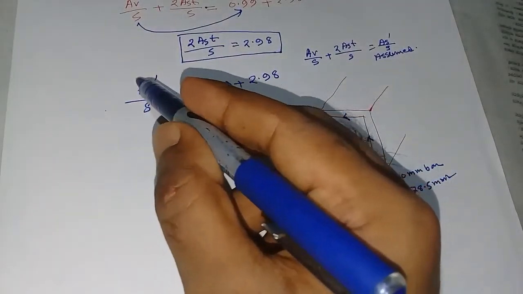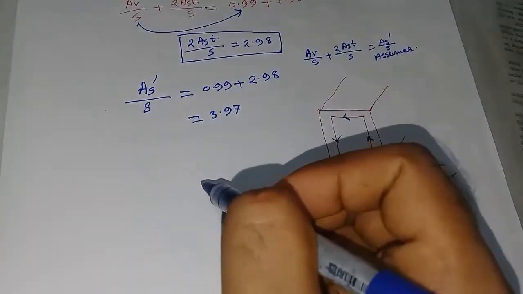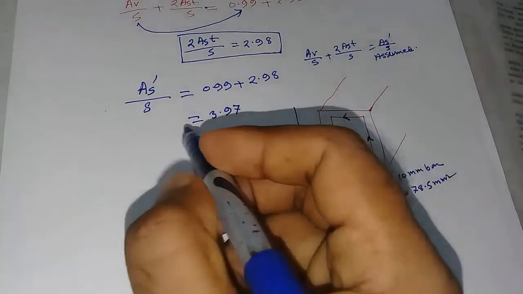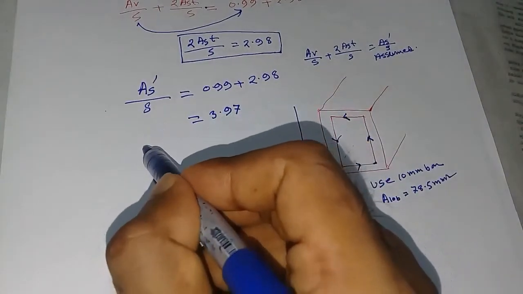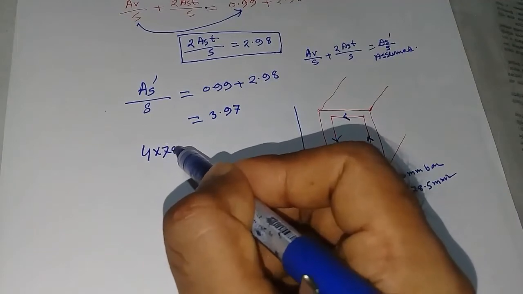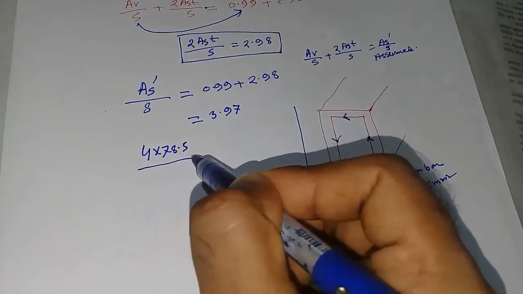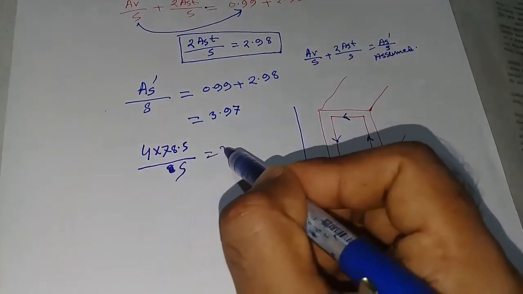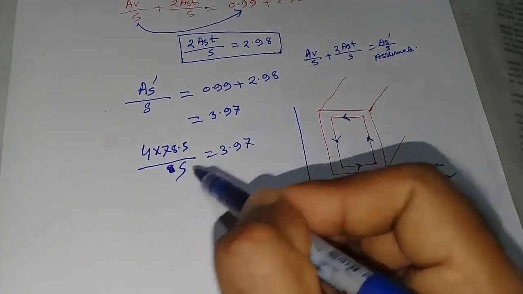So 4 into 78.5 divided by s equals 3.97.